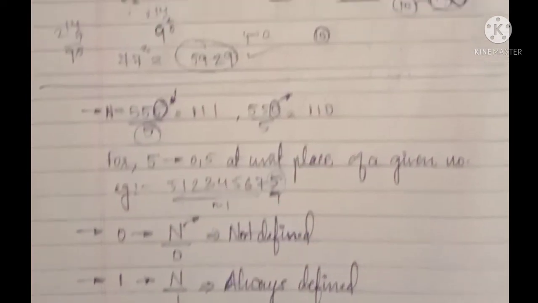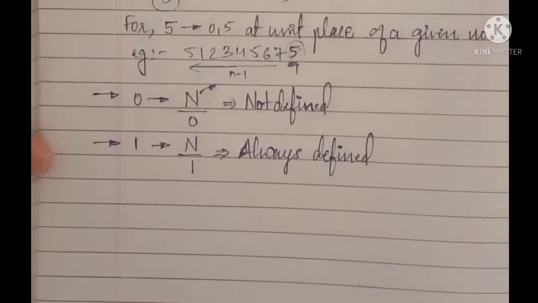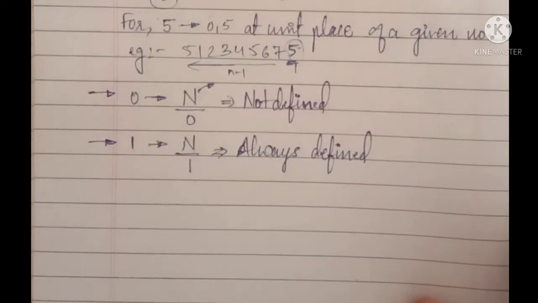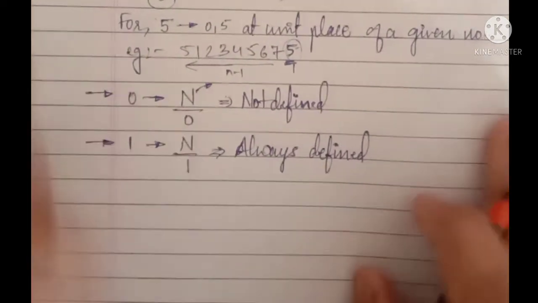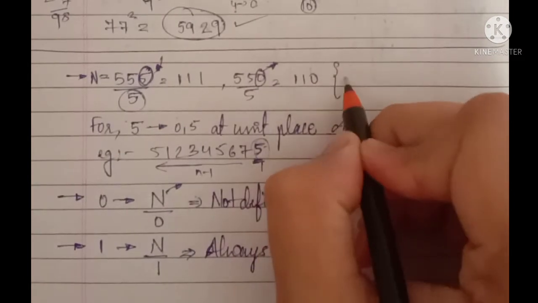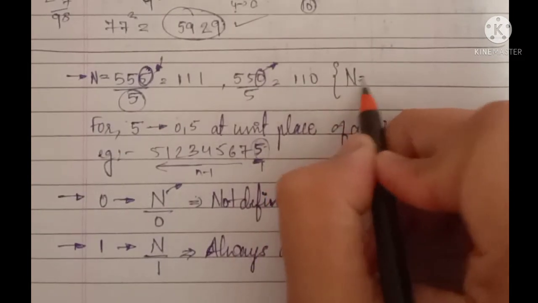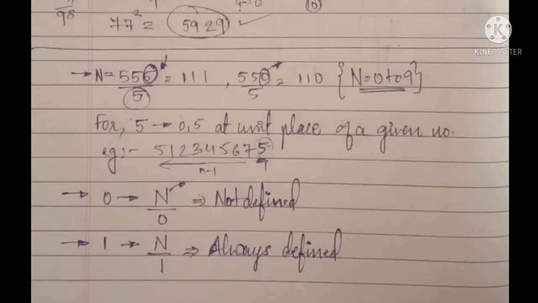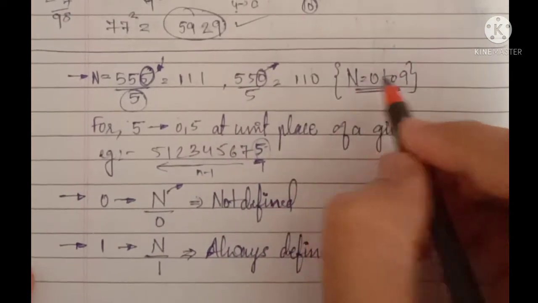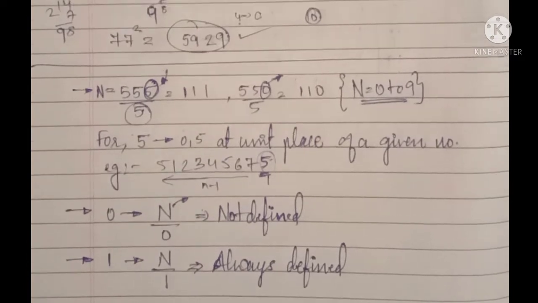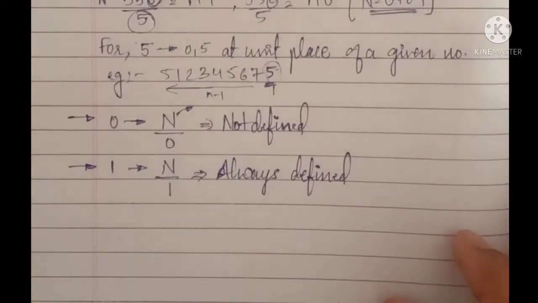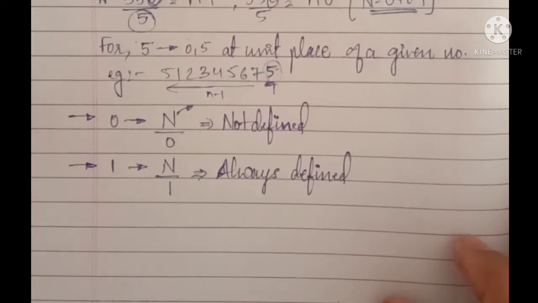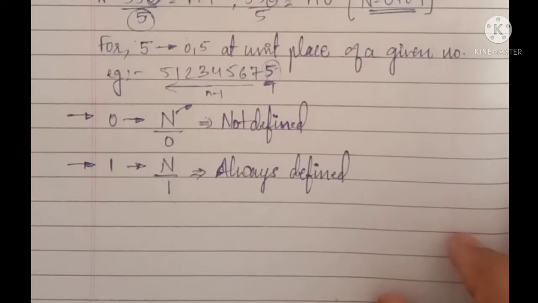I think all know this, right? This is really important. We should know from 0 to 9. In the number system we have digits from 0 to 9, so we need to check the divisibility of each. Like we did 0, 1, 5, now 2, 3, 4 till 9 is left.